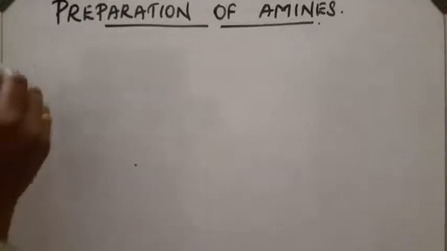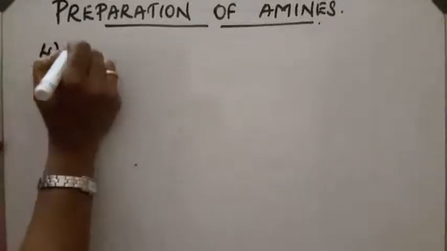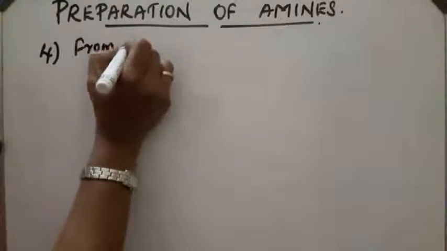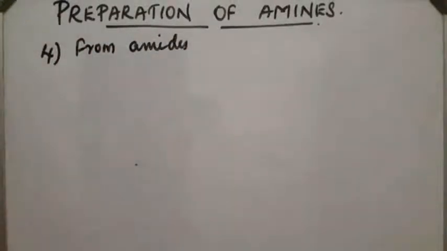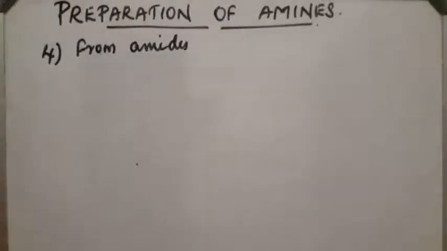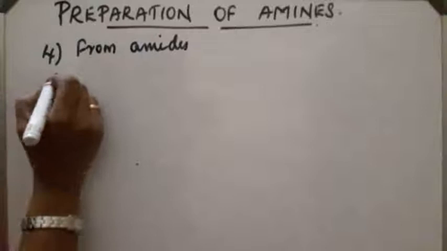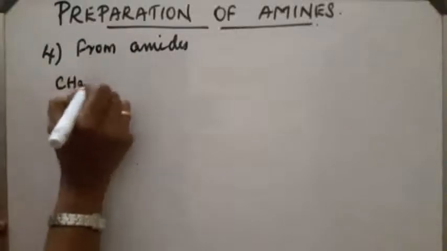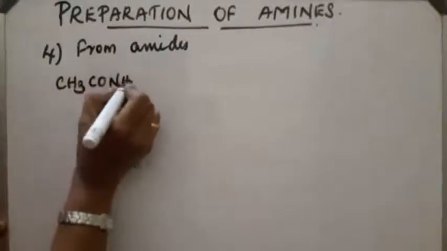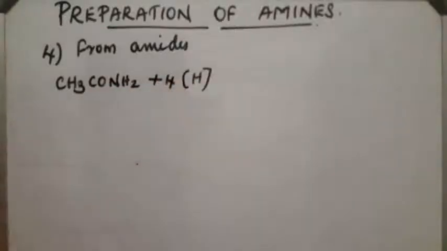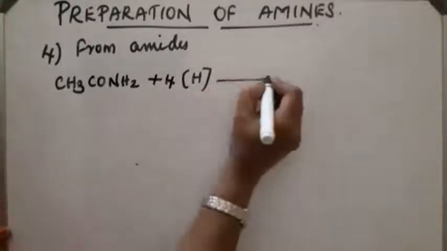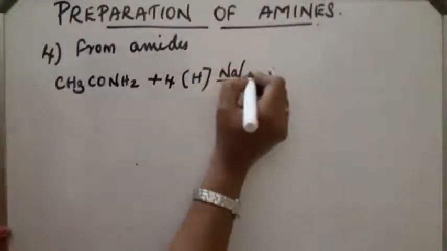Next reaction is from amides. Reduction takes place in the case of amides. Amides are reduced to primary amines. Let us take the compound CH3CONH2, and the reaction takes place in presence of lithium aluminium hydride or sodium in presence of alcohol.